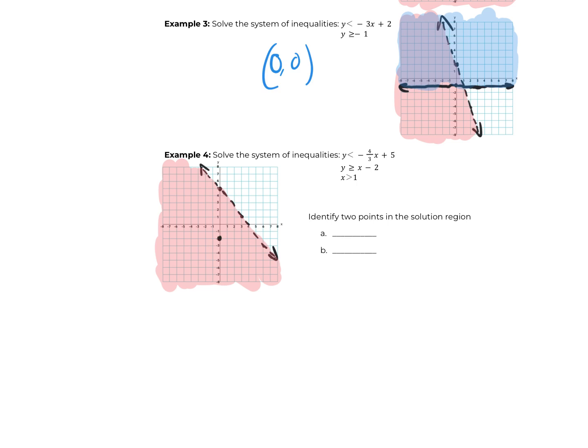The next inequality, x minus 2. So we have a y-intercept of negative 2, a slope of positive 1. It'll look like that, and it's going to be a solid line.